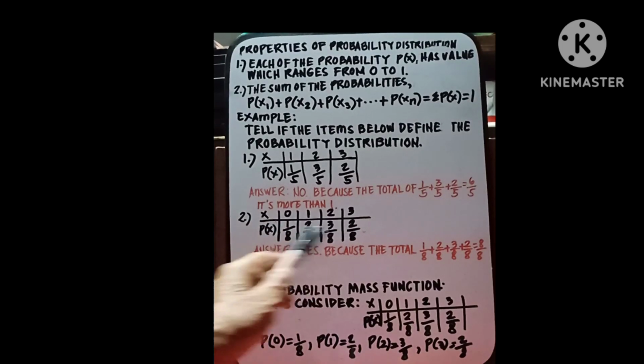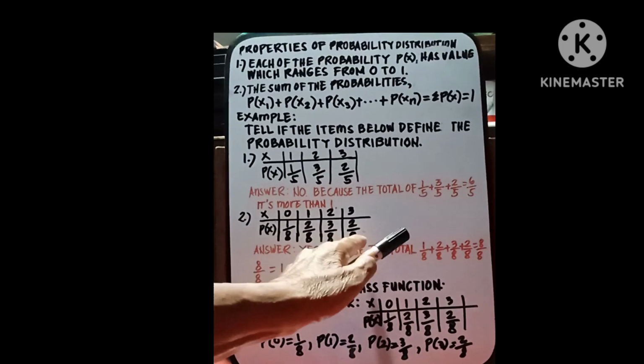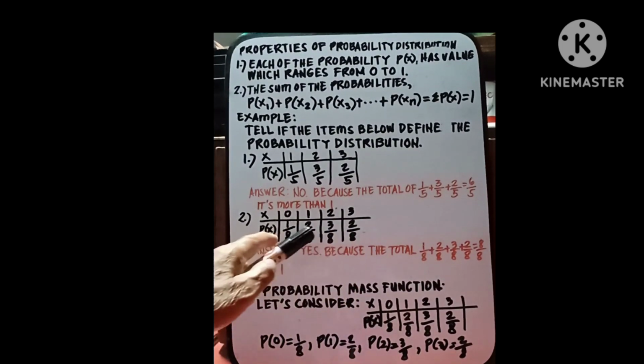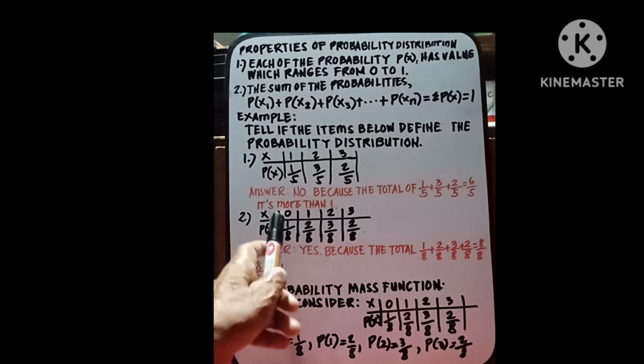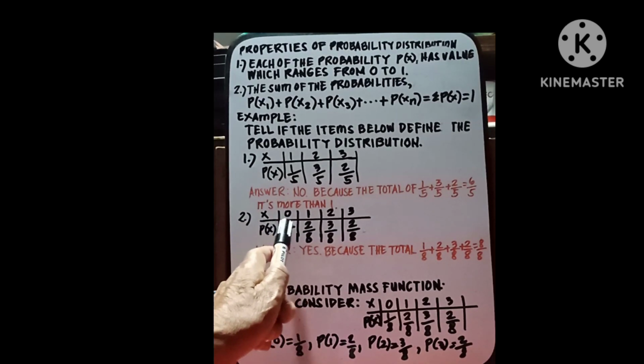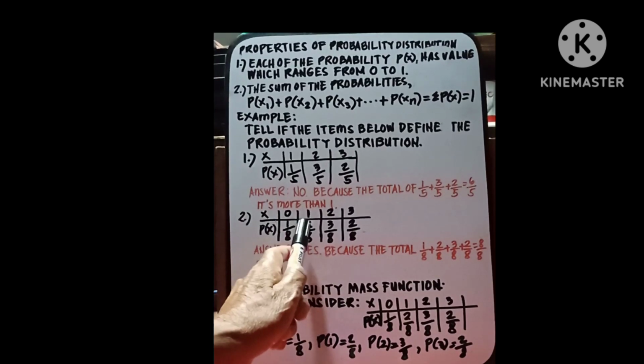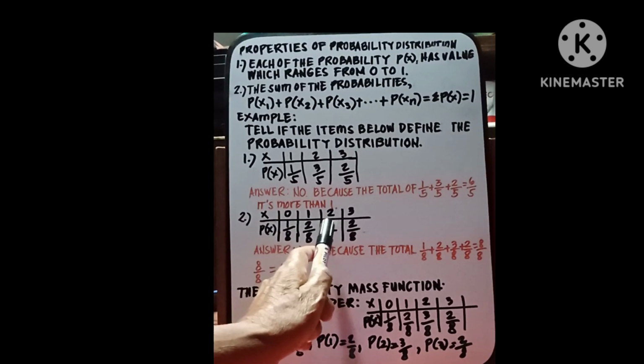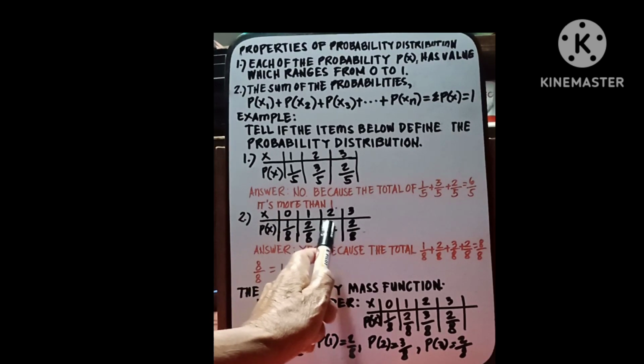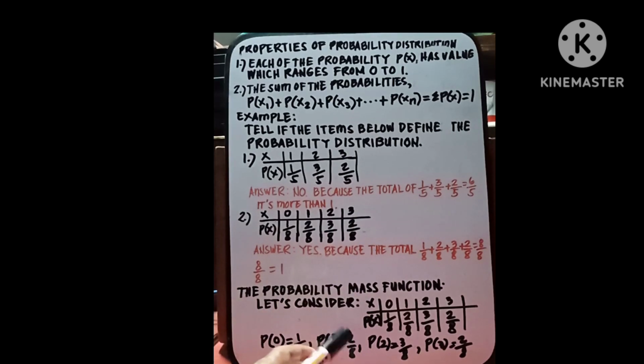If we add the probabilities, the denominator is 8, so we simply add the numerators. 1 plus 2 is 3, 3 plus 3 is 6, and 6 plus 2 equals 8.